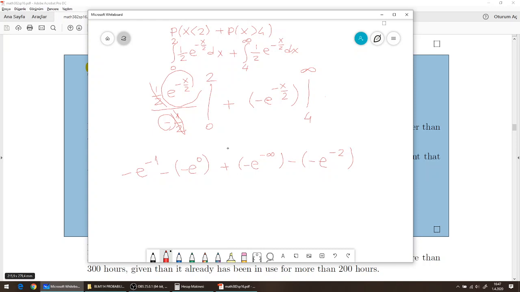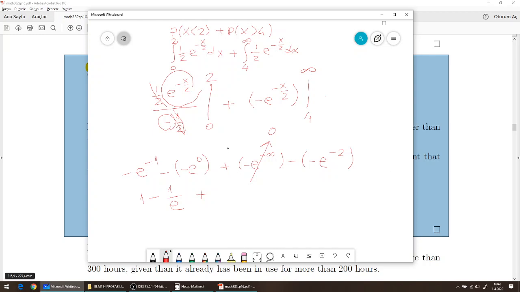Yes, here e power 0 means 1, minus 1 is plus 1, plus 1 minus 1 over e, plus e to the power minus infinity makes 0, because it is 1 over minus e power infinity. It is infinity, so 1 over infinity is 0.